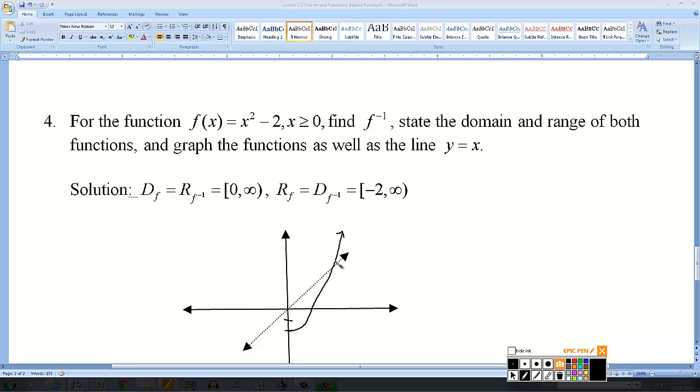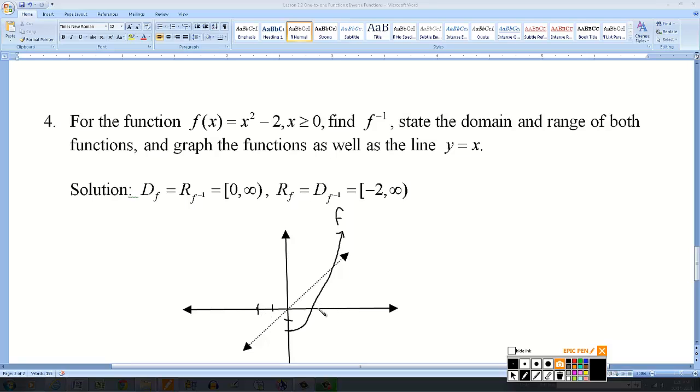Now I'm going to graph this. This would be f. Now to get the graph of the inverse, I would reflect this over the line. This one passes through (0, -2), so the inverse, by reversing the ordered pairs, should pass through (-2, 0). So it should pass through this point right here.